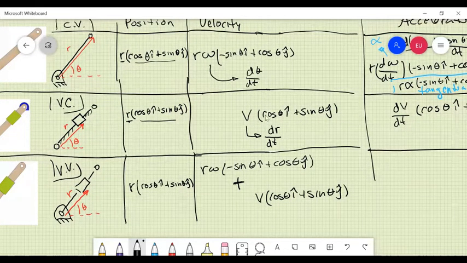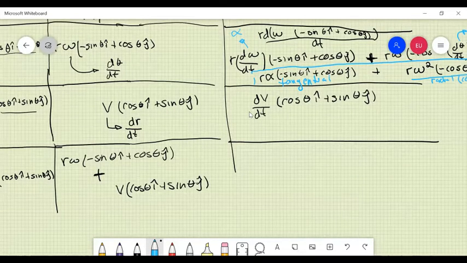You know what this bit is here? It is not velocity. This is velocity with respect to time, so it is linear acceleration.